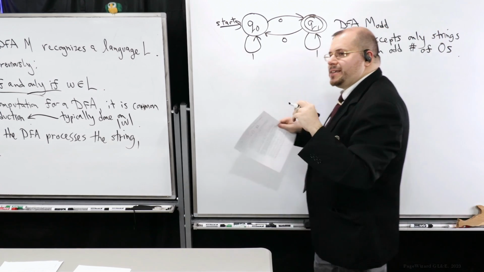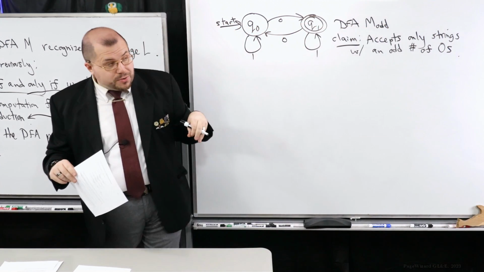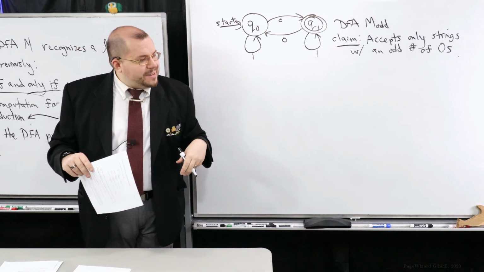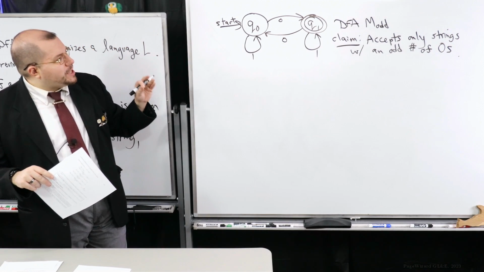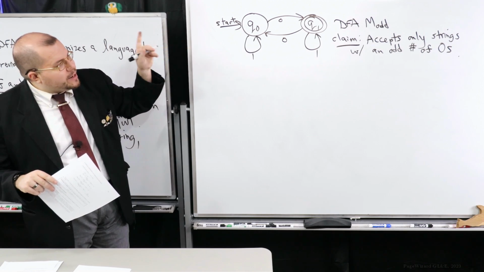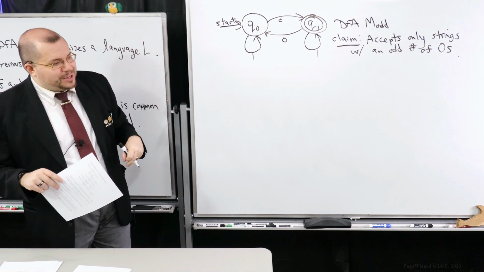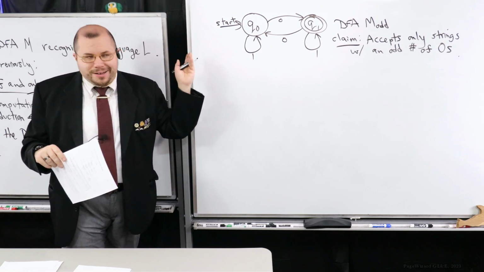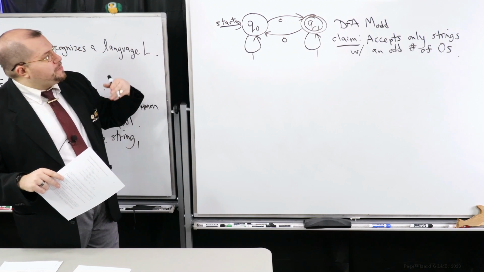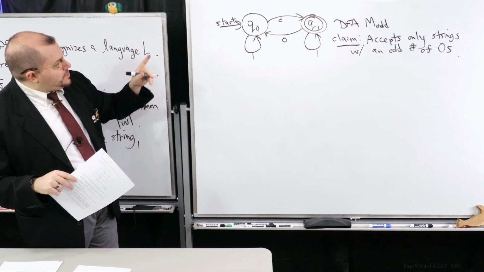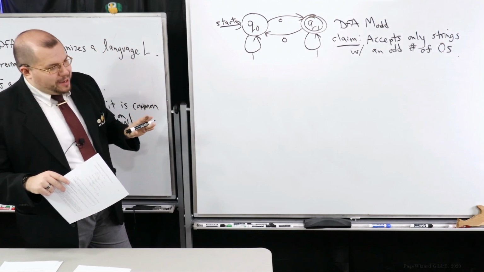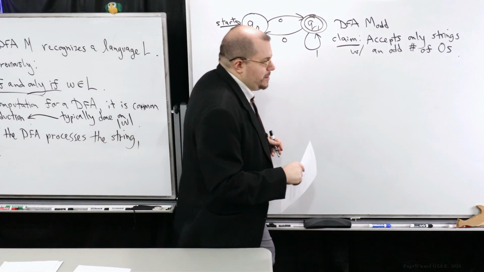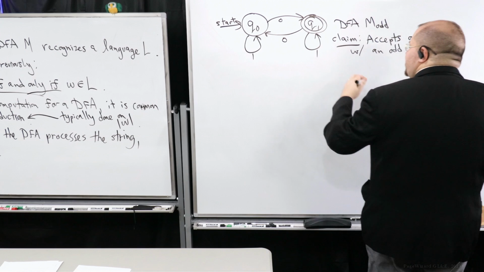Of course, the set of all binary strings with an odd number of zeros in them is defined by a language, and I need to establish that the language of M odd is in fact that same language. That's how I would prove the correctness of this DFA. Now, when we were designing this DFA, which has two states, we thought about some ways that we could assign roles to each one of these.